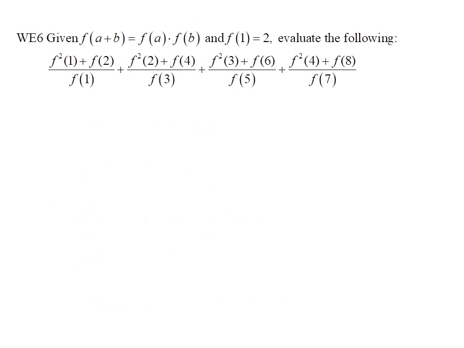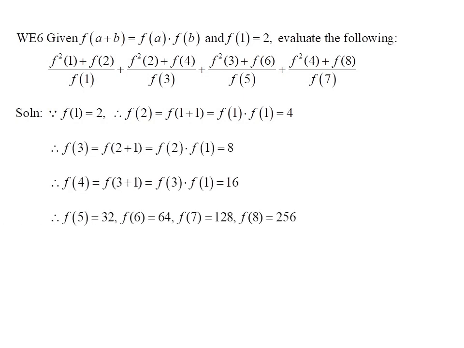Example 6 is to evaluate a long algebra expression which involves the values of f(1), f(2), f(3) up to f(8). It is given that f(a + b) equals f(a) multiplied by f(b), and particularly f(1) equals 2. Since f(1) equals 2, then f(2) equals f(1 + 1) equals f(1) times f(1), which equals 4.